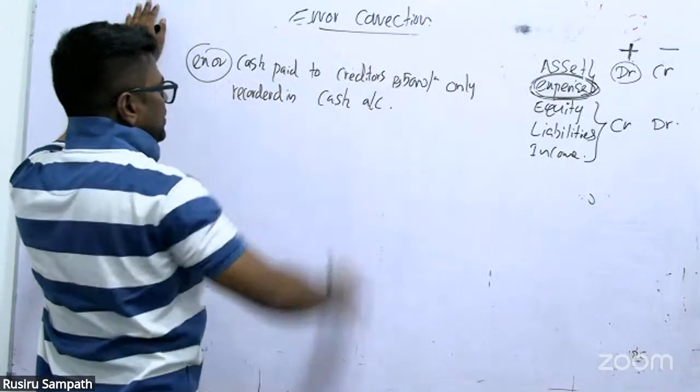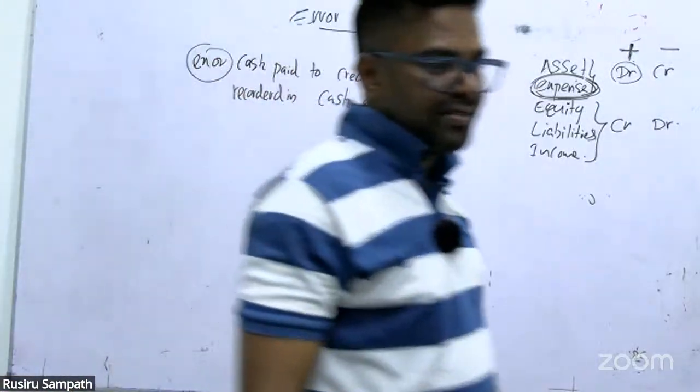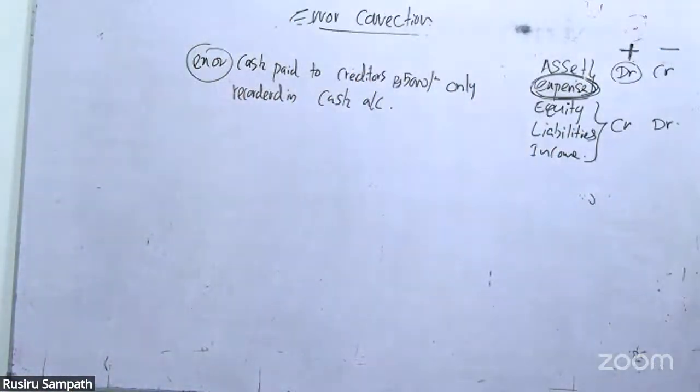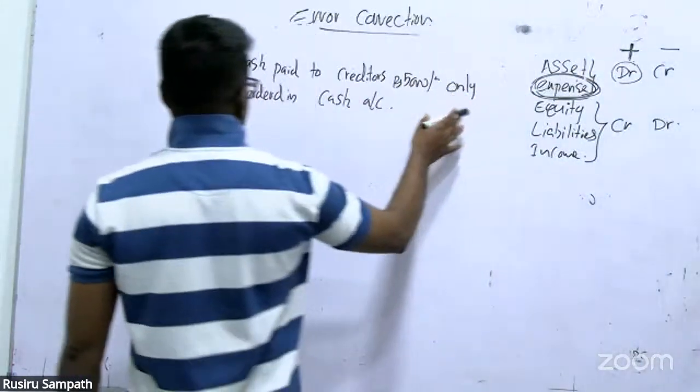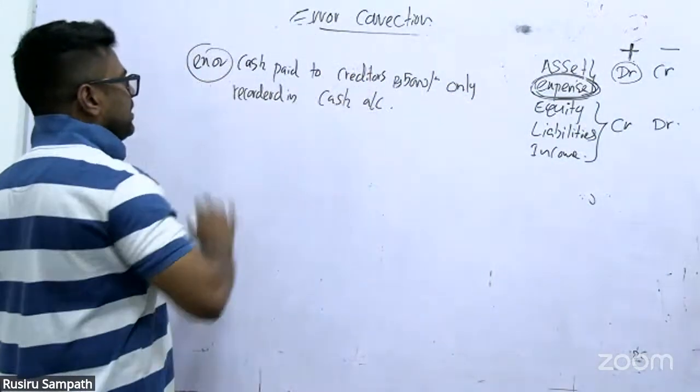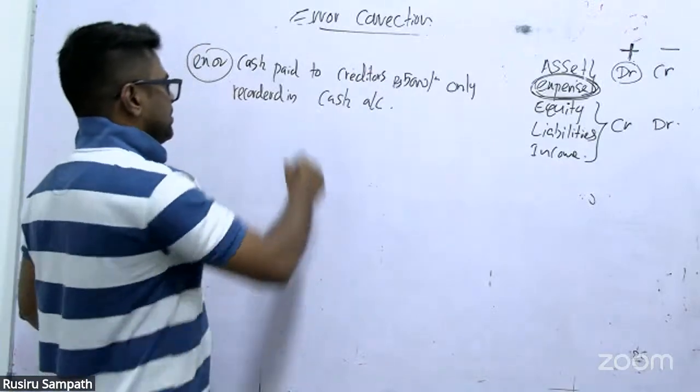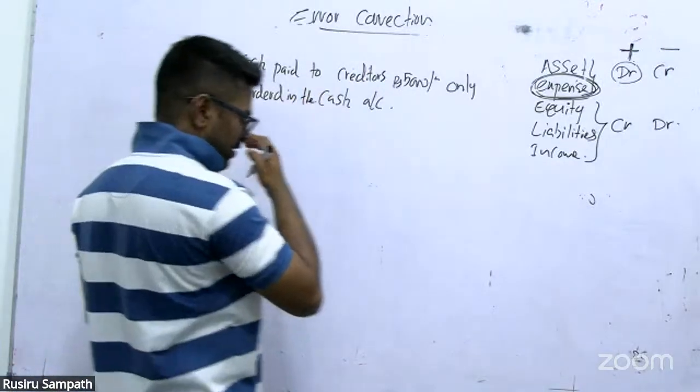What are the correcting entries? How to rectify this error? Cash paid to traders 5,000 rupees, only recorded in the cash account.